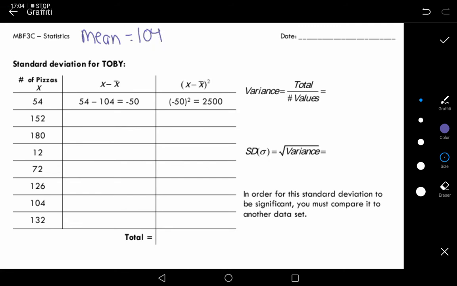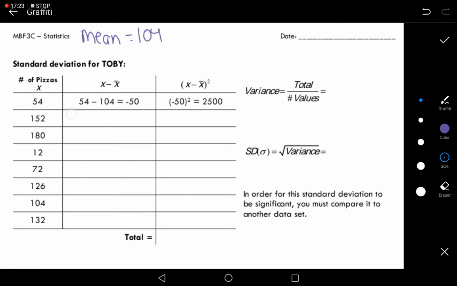So our first step is to find the difference between each of those values and the mean. You can see we've already done the first line here. The first shift he made 54 pizzas, and we subtracted our mean. We're going to continue to do that.